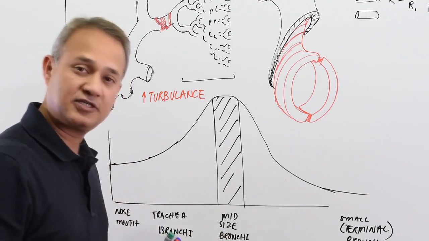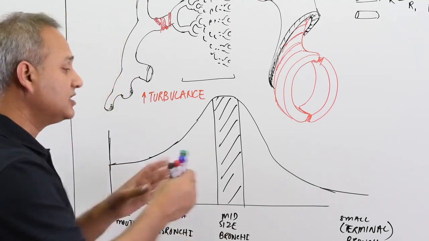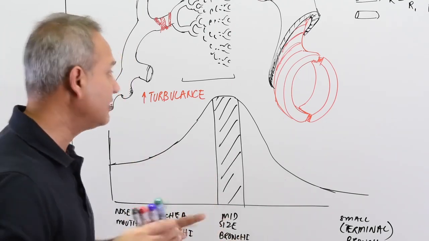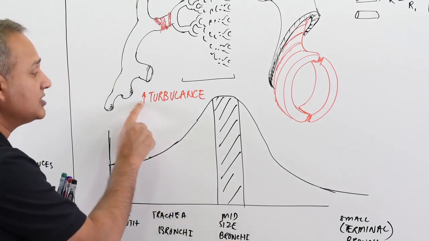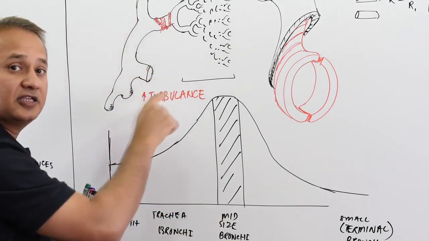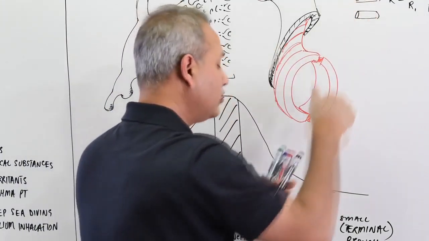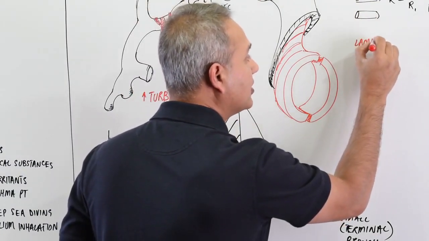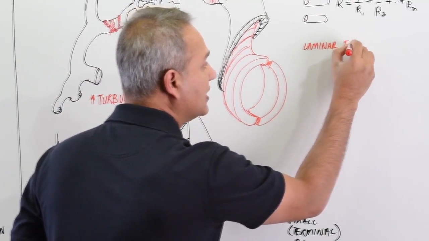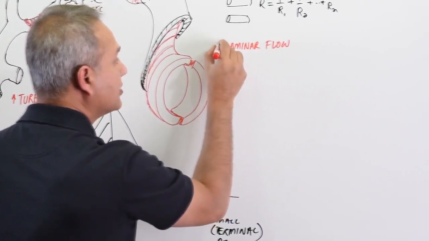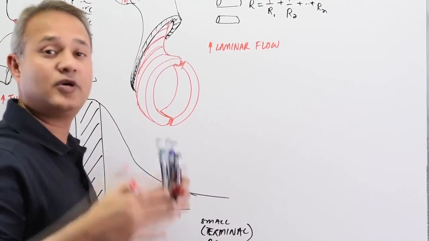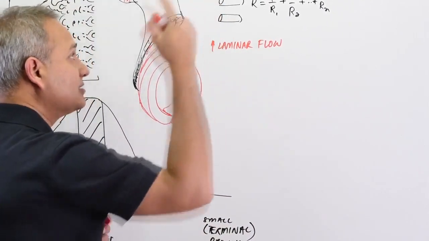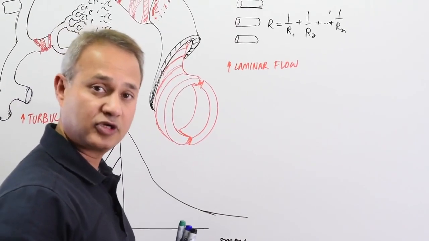There is one more factor in the terminal airways, which is actually related to the second factor. The second factor was that turbulence is higher in the larger bronchi. Similarly, turbulence is lower and laminar flow is higher, or the flow is laminar, in the respiratory and terminal bronchioles.